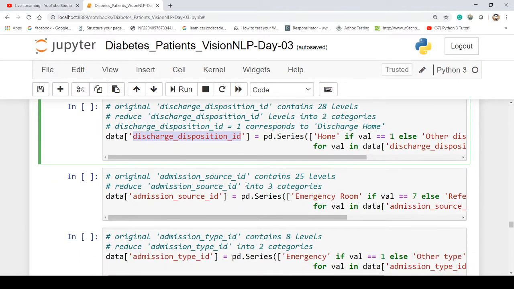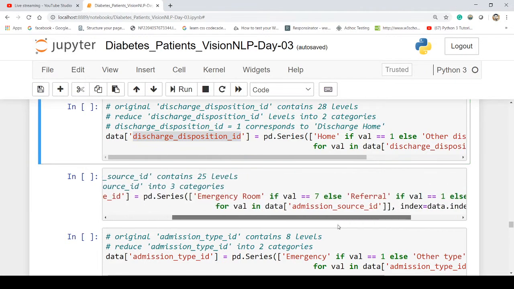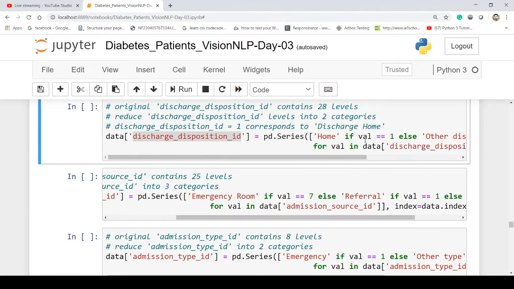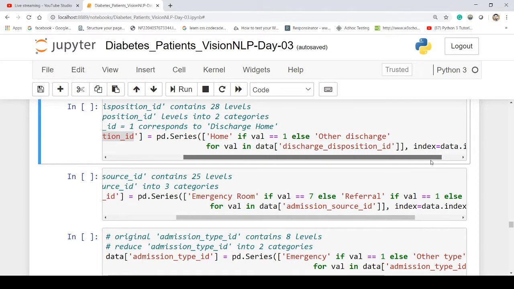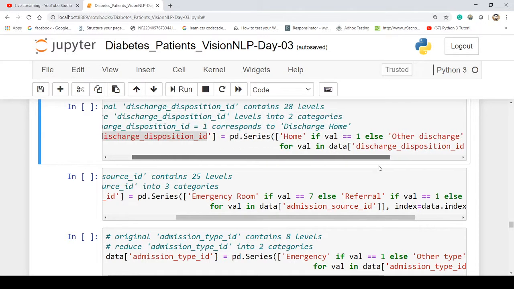Now the original admission source ID contains 25 levels. So we are just trying to categorize: if the value is 1 it is home, or else other discharge. So we are dividing the 28 levels into 2 or 3 categories.